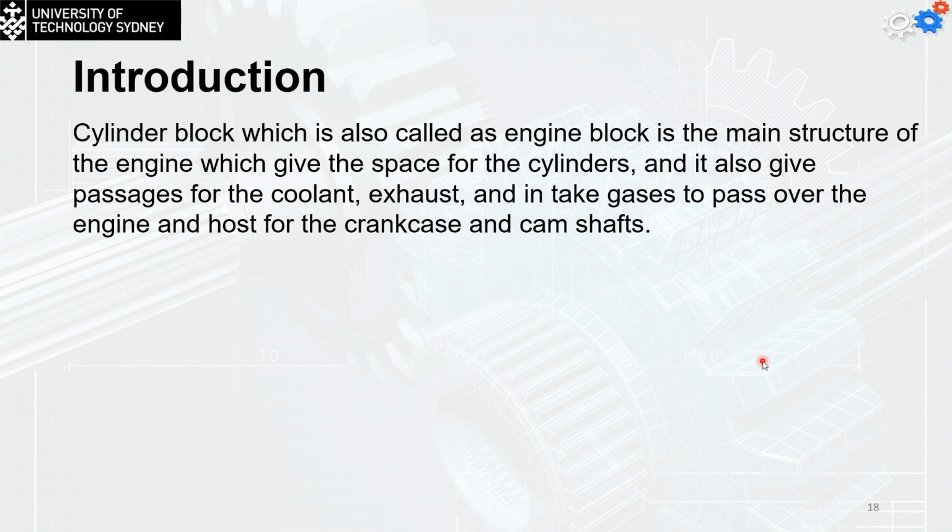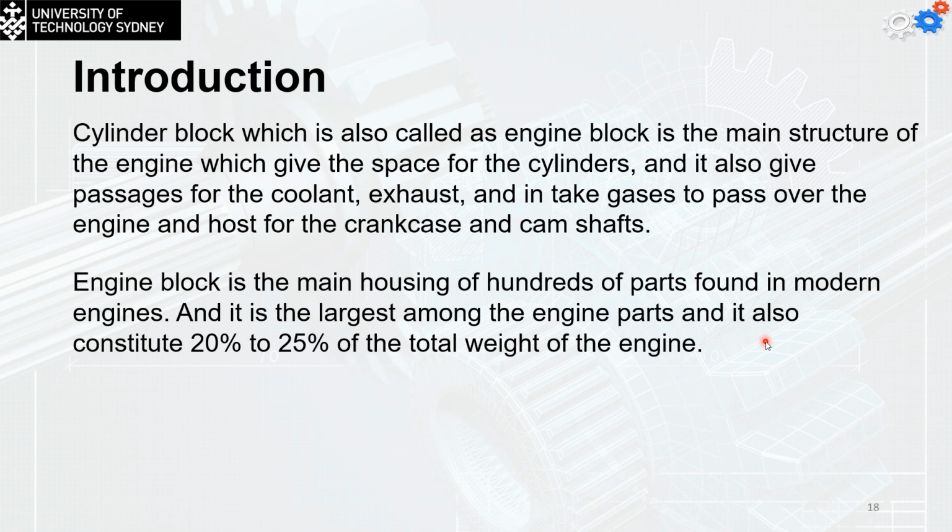It's also necessary to give the passage for the coolant, which can be air or water, and the passage for the exhaust gas. After the explosion process, we need to release the gas inside the cylinders, and intake gases pass over the engine and house the crankcase and the camshaft.